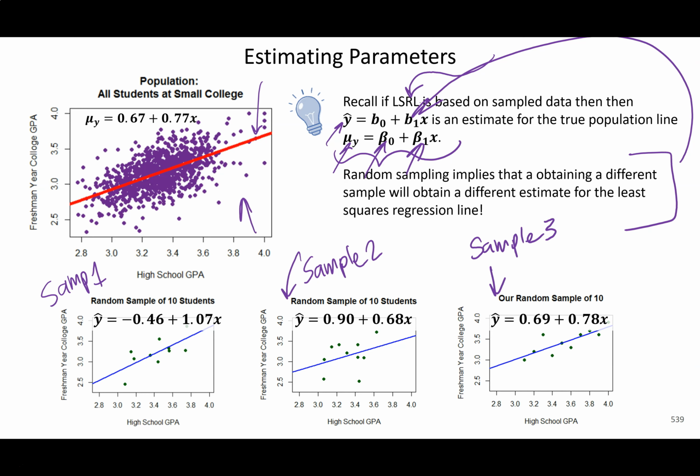What we're showing here is that from sample to sample, if you look at my y-intercepts and my slopes, they fluctuate, especially the slope. It's estimated to be 1.07 for my first sample, positive 0.68 for the second, and positive 0.78 for the third.